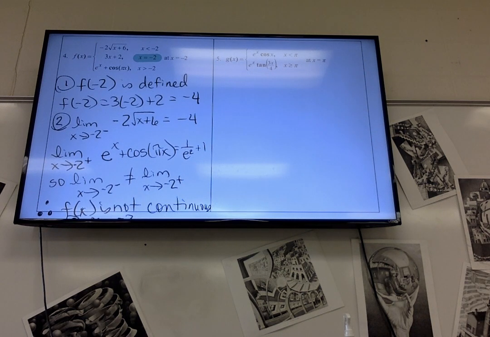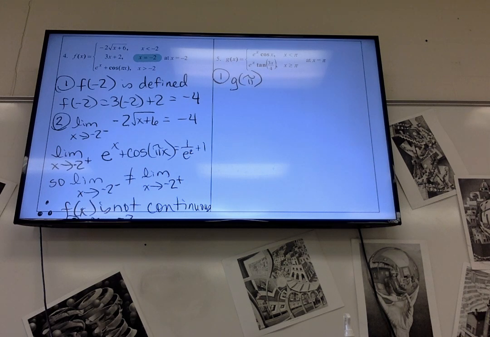Okay, so the next one, we're trying to figure out if g of x is continuous at x equals pi. So we start to see if g of pi is defined. Is there an x where it's pi?